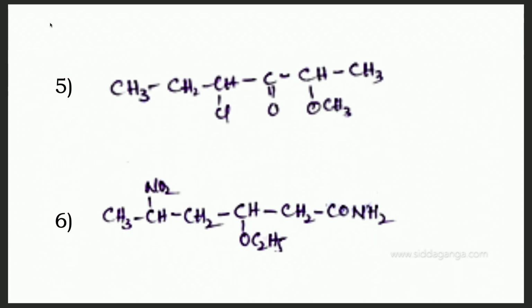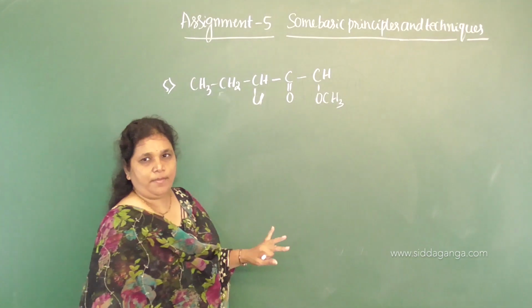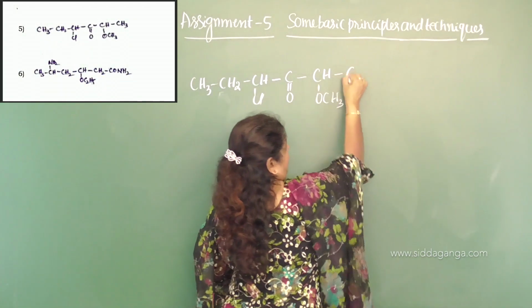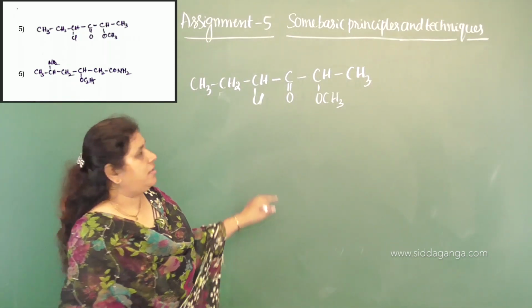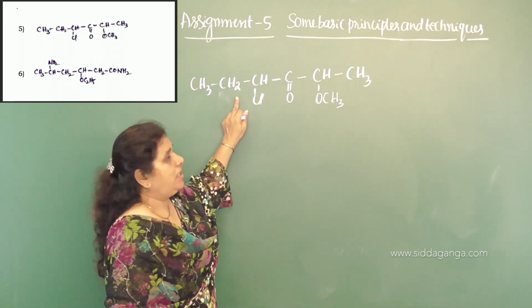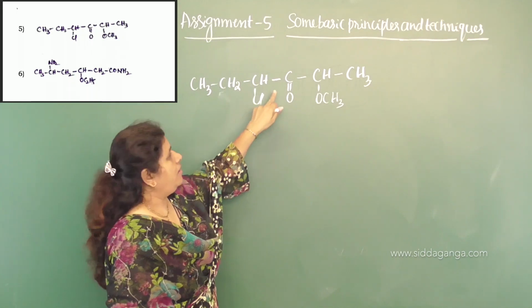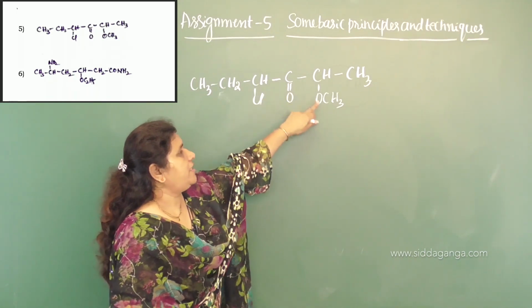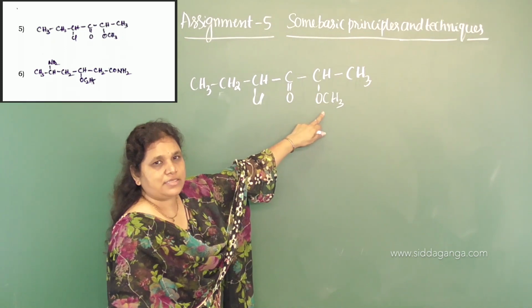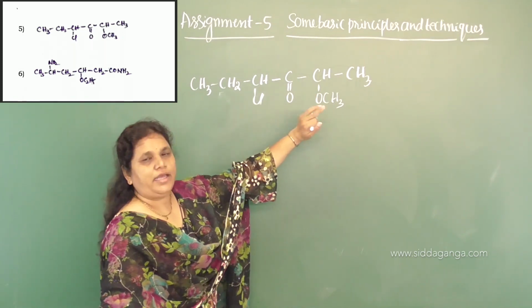Chlorine is the substituent, C double bond O, that is ketone, OCH3 methoxy, then CH3 again, correct? CH3, CH2, CHCl, C double bond O, that is ketone group, CHOCH3, that is methoxy is there, and then methyl.